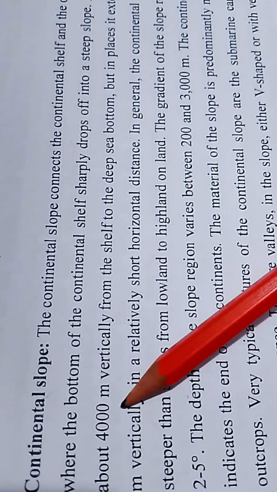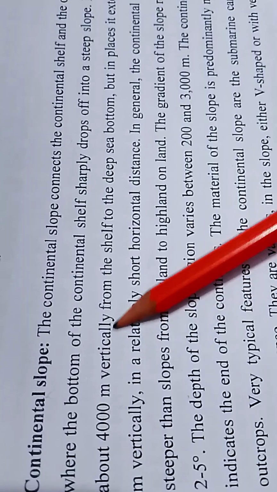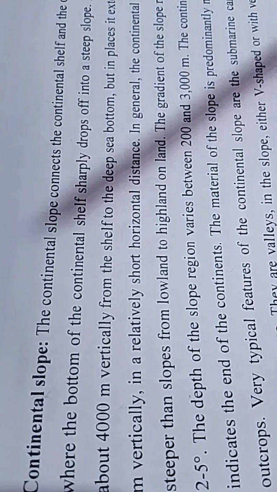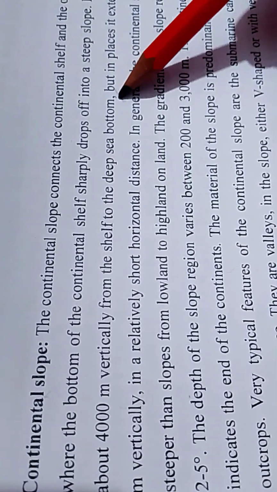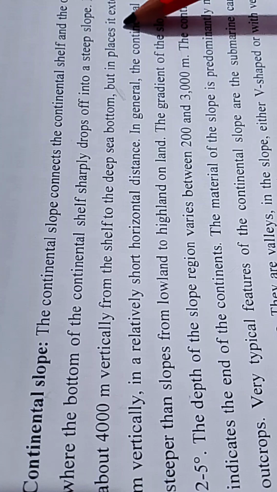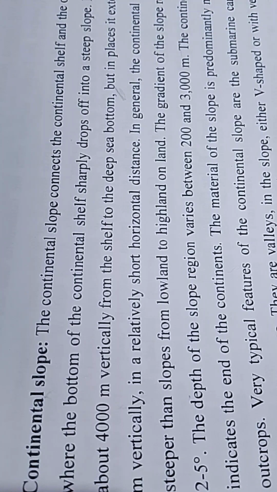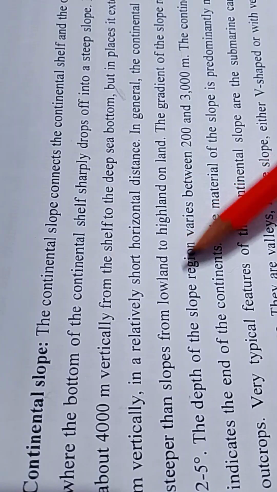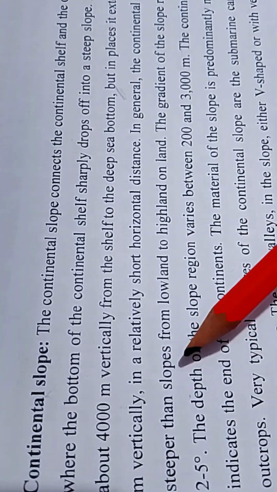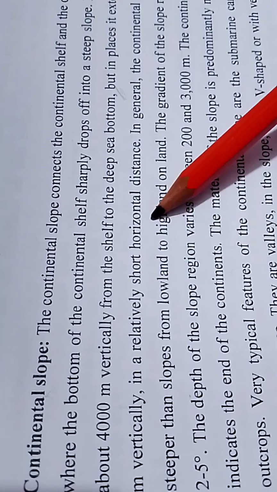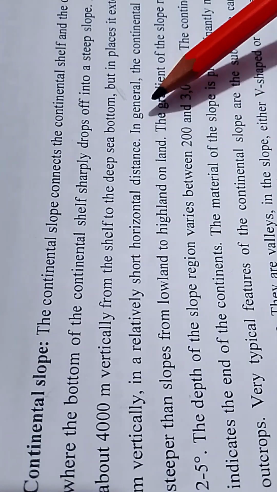It extends on average about 4,000 meters vertically from the shelf to the deep sea bottom. But in places it extends as much as 9,000 meters vertically in a relatively short horizontal distance.